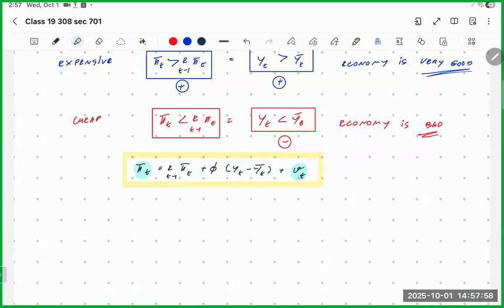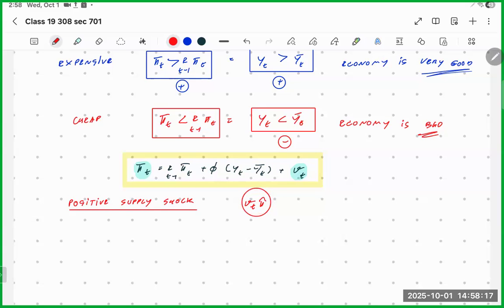If we have a positive supply shock, which means Vt increasing.